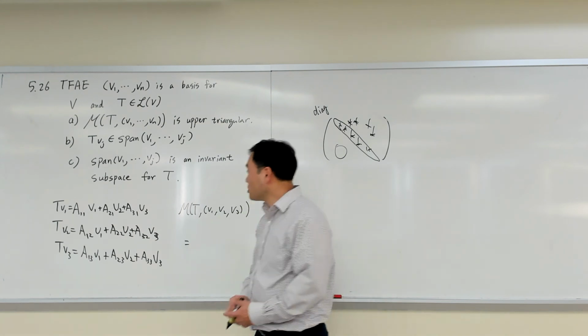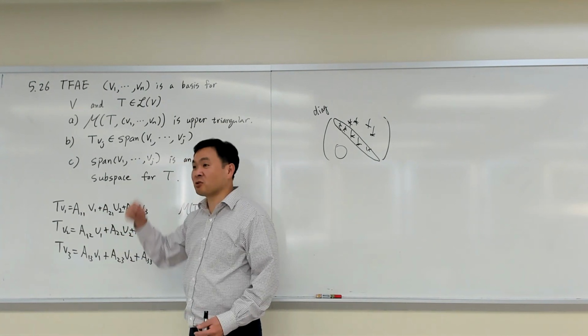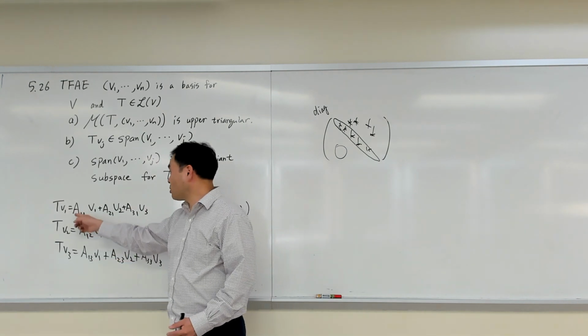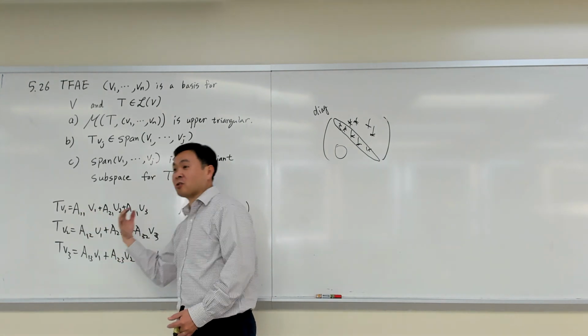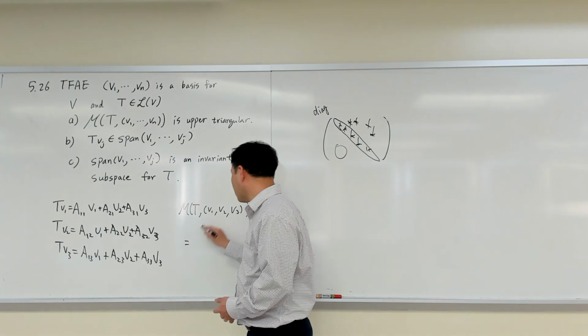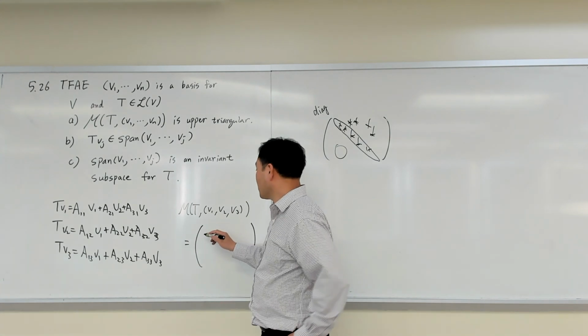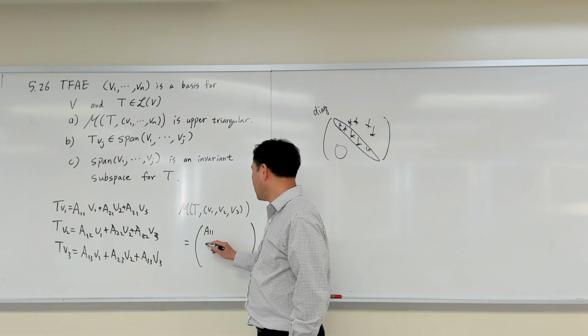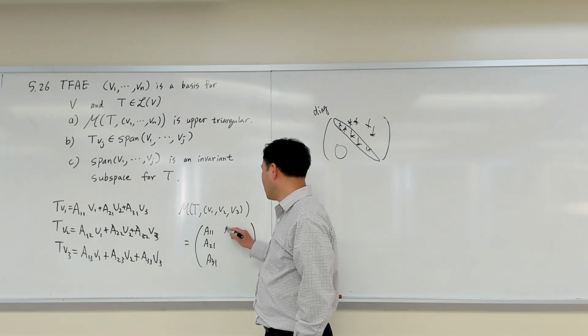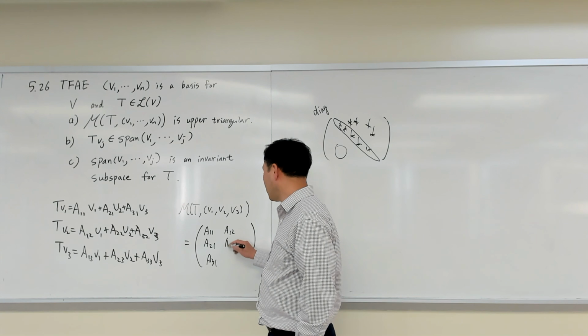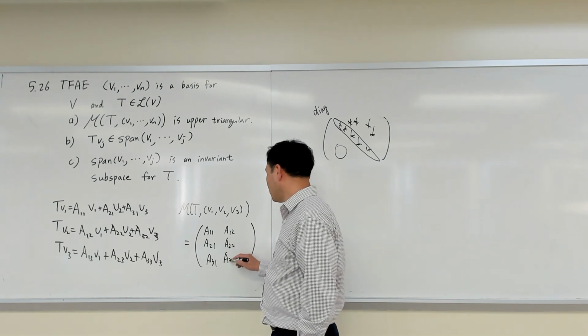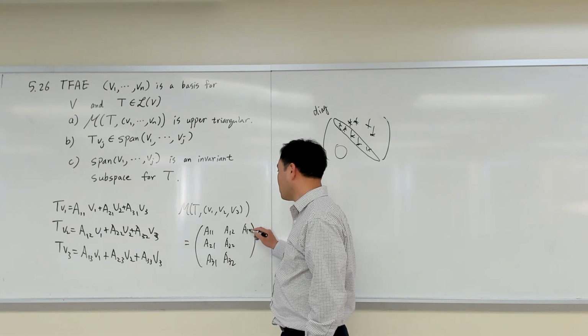Well, you simply take these coefficients and put them vertically, right? All of the numbers that you go across have to be written vertically. So it's a11, a21, a31, and then a12, a22, a32, and then a13, a23, a33.